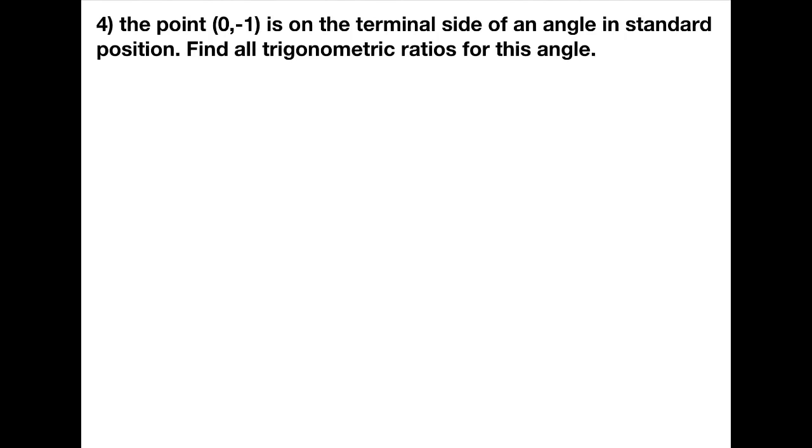Question number 4. The point 0, -1 is on the terminal side of an angle in a standard position. Find all trigonometric ratios for this angle. Again, let's draw a shape. This time 0, -1 is this point.